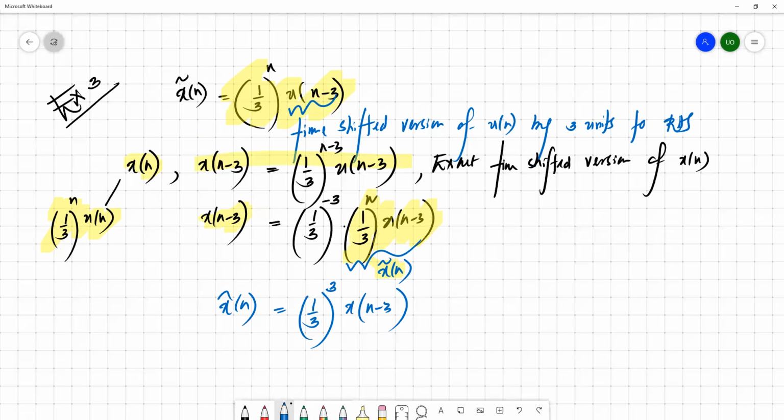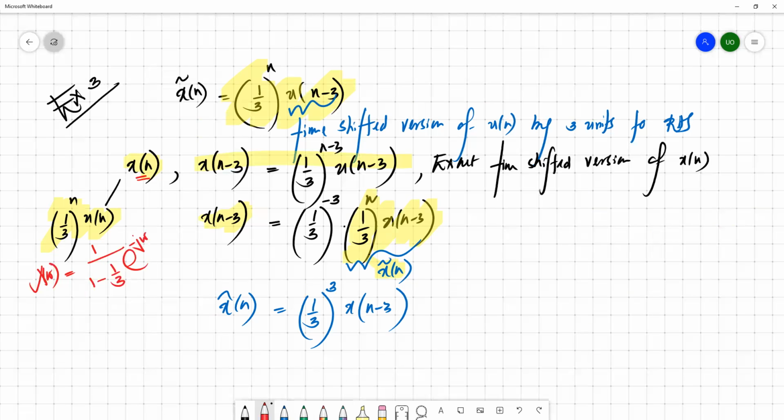Okay. So x[n-3] is actually a shifted version of x[n]. So you can simply claim that X(omega), the Fourier transform of this x[n], is 1 over 1 minus 1/3 e to the power minus j omega.